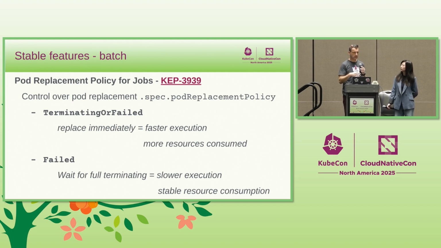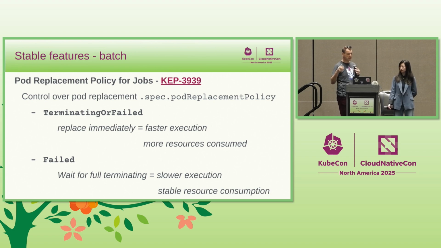You are running a 5,000 or 10,000 pod job, and you only have a limited set of resources that you can do so. When any pod fails, in normal cases, the job controller will immediately figure out that, oh, a pod failed, I have to replace it. If that happens 10, 20, or a bigger number of times, that can actually use more of the resources than you have available in your cluster or in your quota.